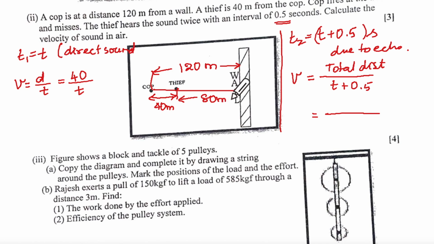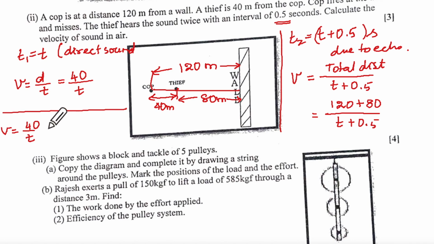How much is this distance? 120 minus 40 is 80 meter. So the distance traveled in echo will be 120 plus 80. So I will say V equal to 40 upon T, which is equal to 200 upon T plus 0.5.